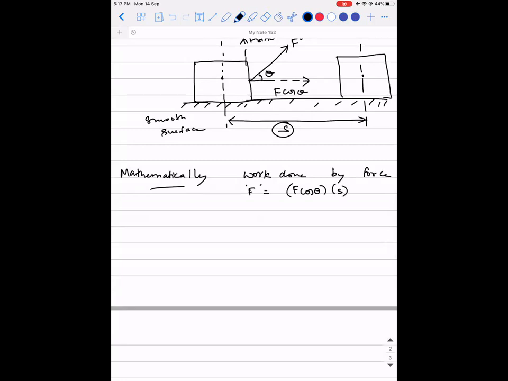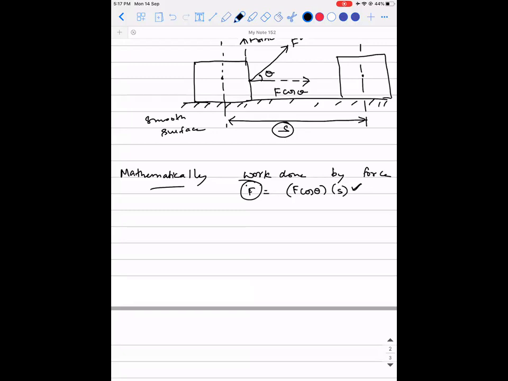So if you are able to define a parameter like F cos theta multiplied with displacement, then this particular expression is what is called work done. Wherever you are seeing the word work done, the first question you need to ask is work done by whom? In this case, work done by the external force capital F. Are you guys able to understand this?